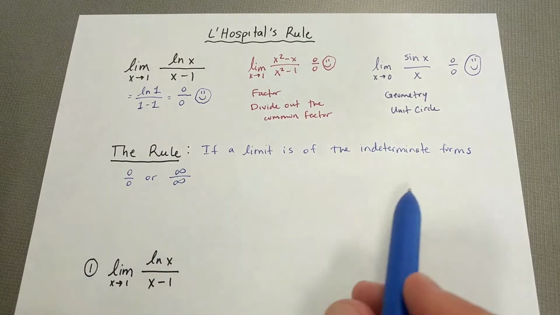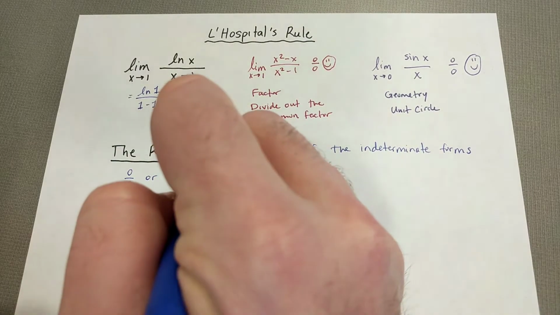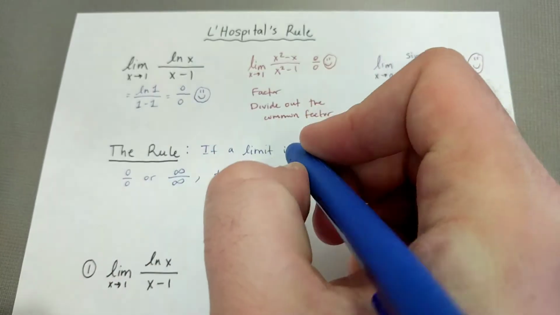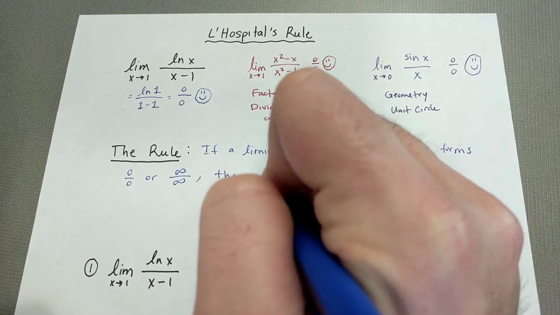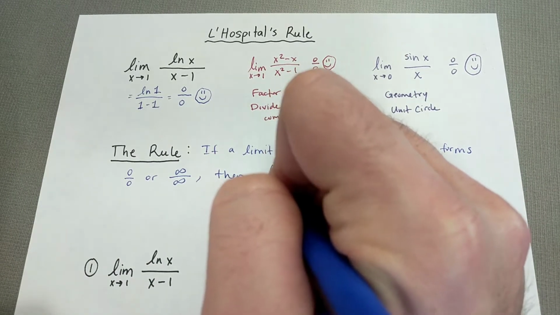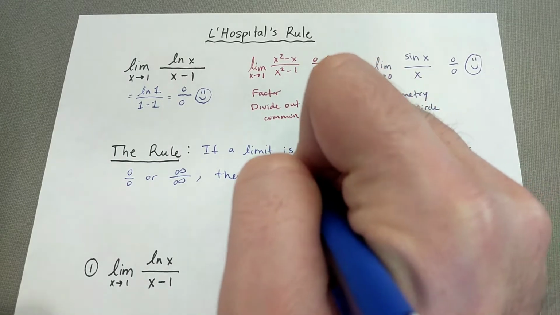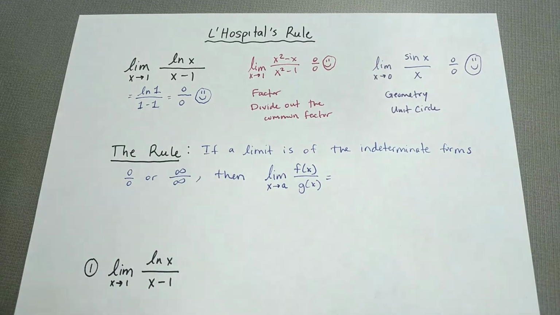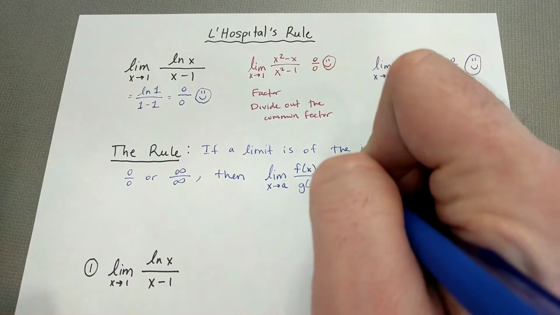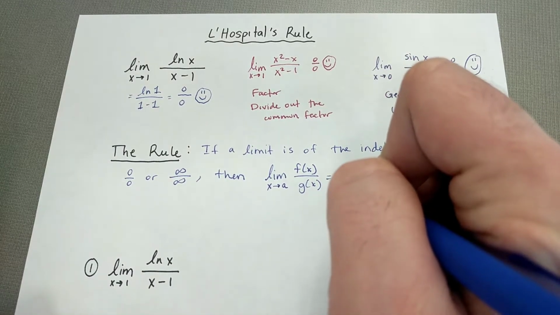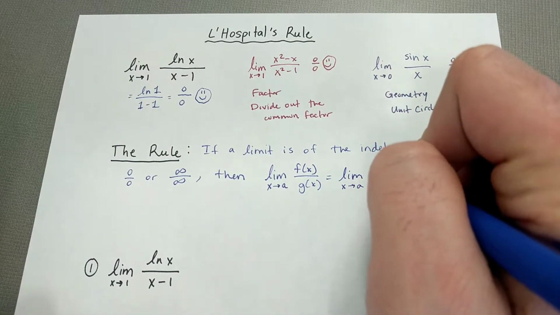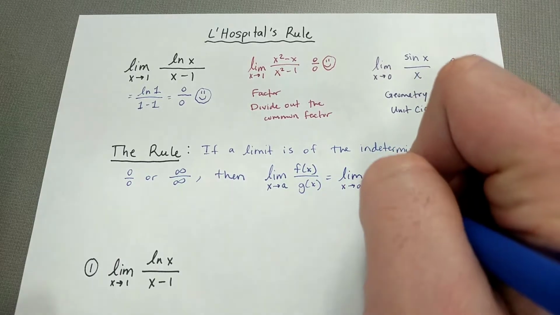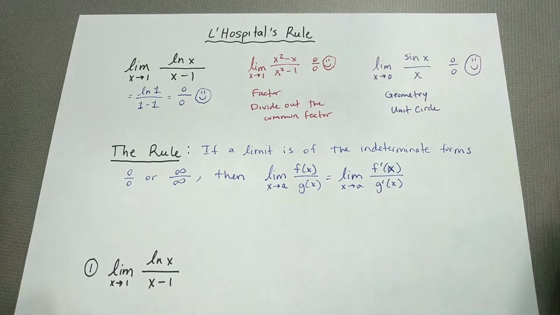All right, so if we have a limit of this form, then the limit as x approaches a of f of x over g of x, so it's got to be written as a ratio like this, is equivalent to the limit as x approaches a of f prime of x over g prime of x.